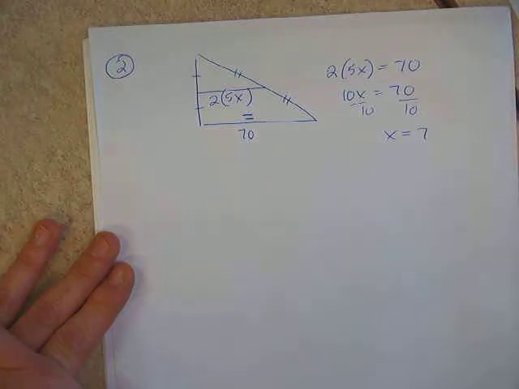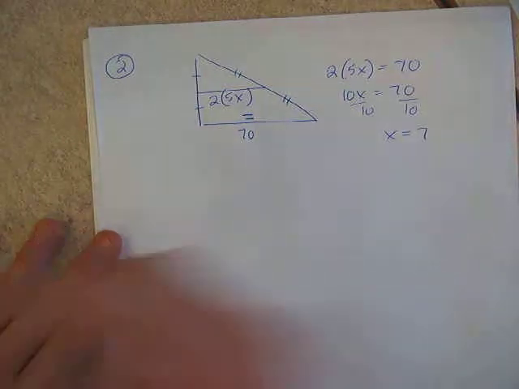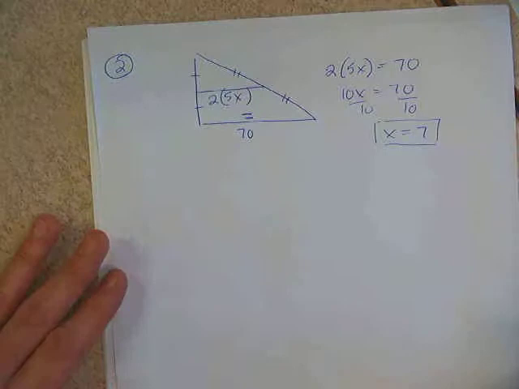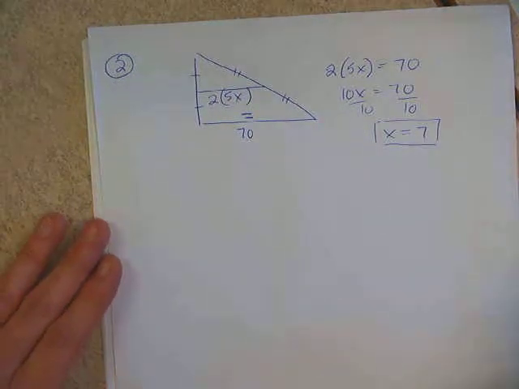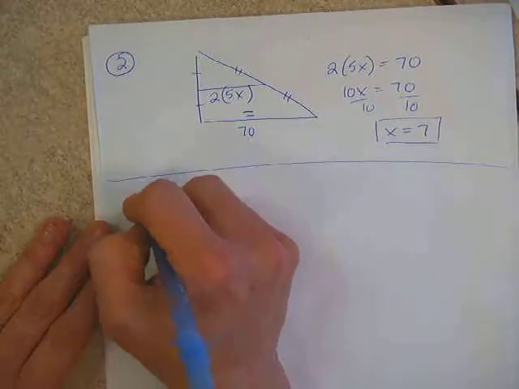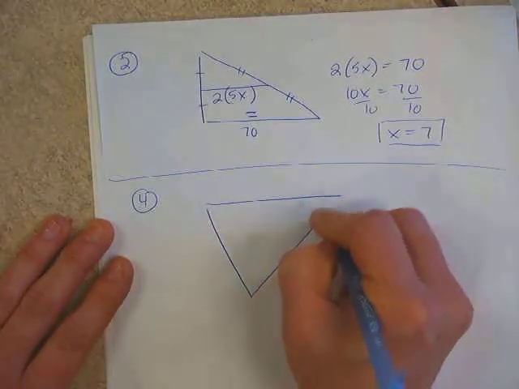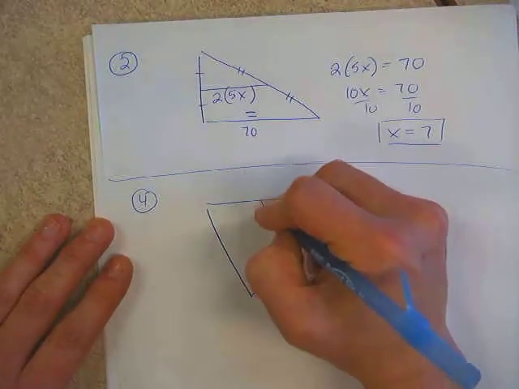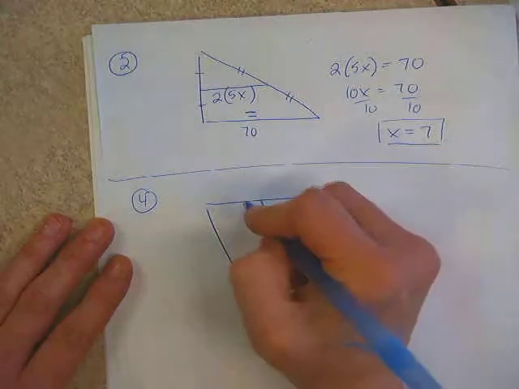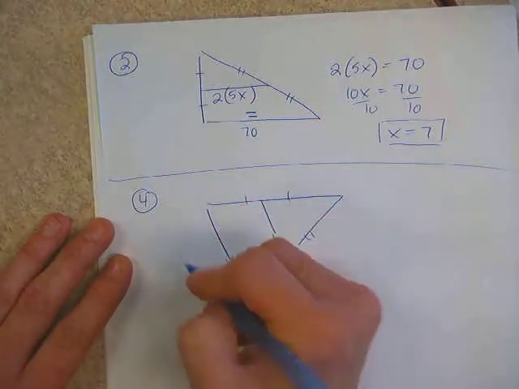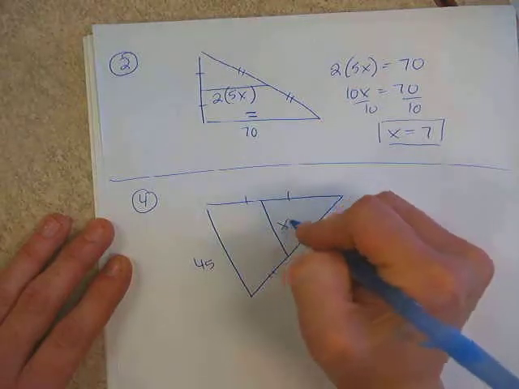The expression could be here, it could be there, but if you always go to the mid-segment, you're going to double it. So our equation would be 2 times 5x equals 70. So 10x is 70. Divide out the 10, and x should be 7.